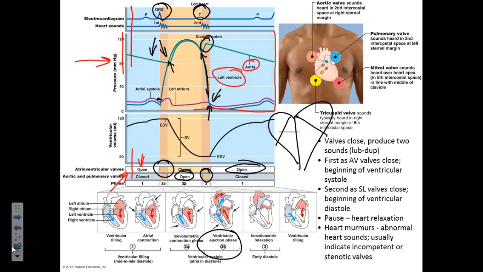I believe that in the worksheet that's on the blackboard, there is a table where you can put those changes in pressure. Okay, you can do it in any fashion you want. You can say during ventricular filling, ventricular pressure is lower than atrial and lower than aortic.